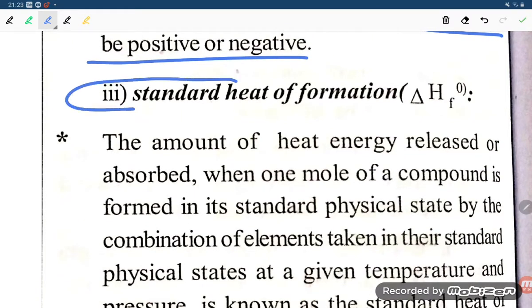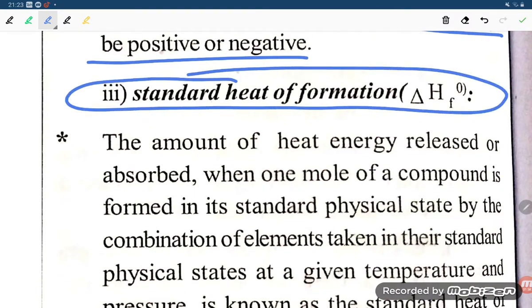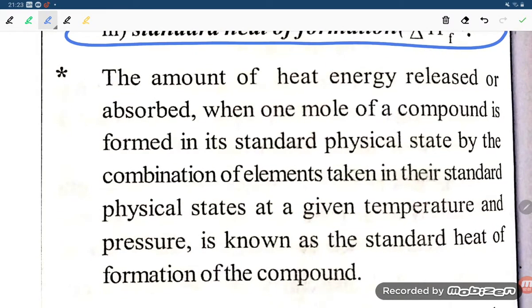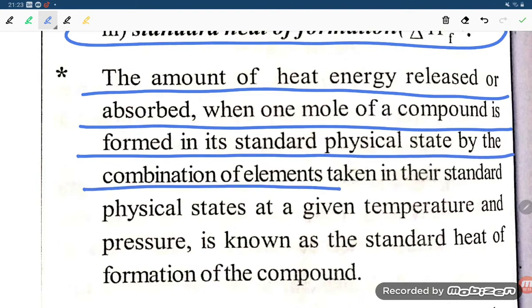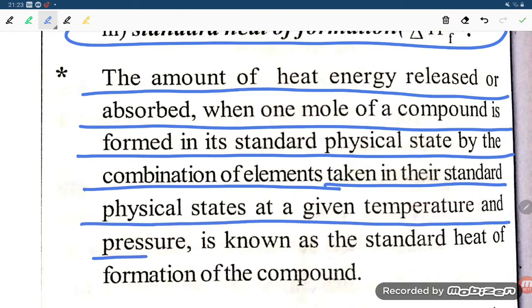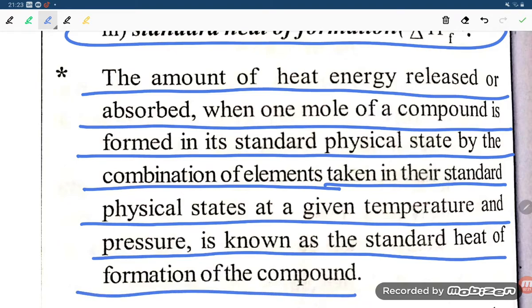Now the standard heat of formation, that is delta HF naught. That is the amount of heat energy released or absorbed when one mole of a compound is formed in its standard physical state by the combination of elements taken in their standard physical state at the given temperature and pressure, is known as the standard heat of formation of the compound.